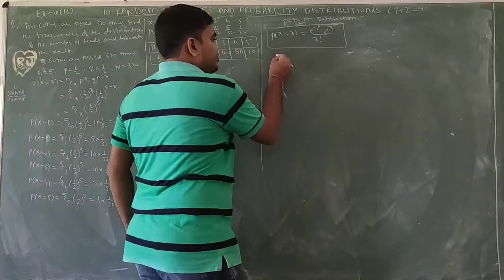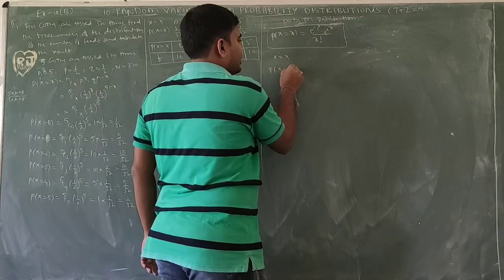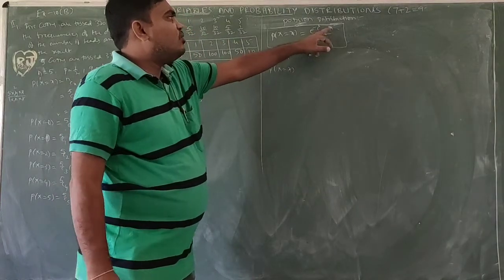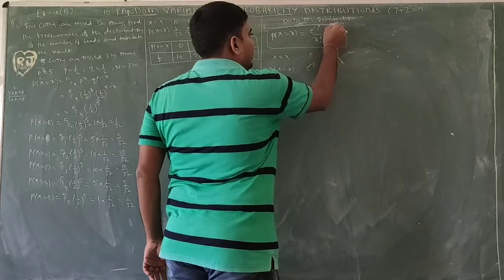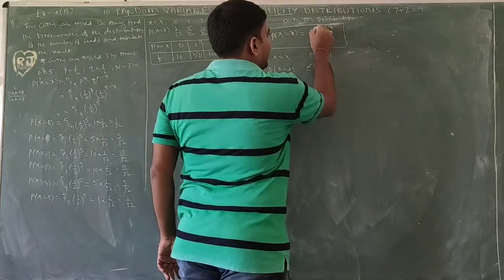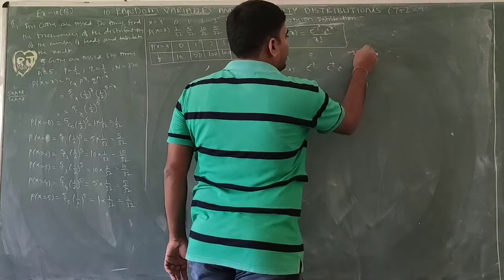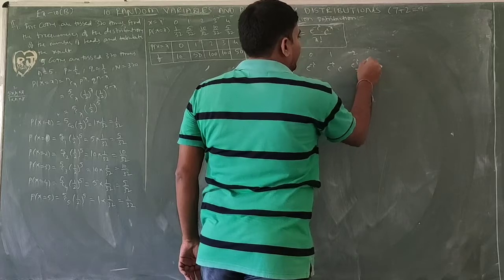For x equal to 0, P of 0 is e power minus lambda; lambda power 0 is 1 and 0 factorial is also 1. For 1, e power minus lambda into lambda power 1 by 1 factorial. For 2, e power minus lambda, lambda square by 2 factorial.